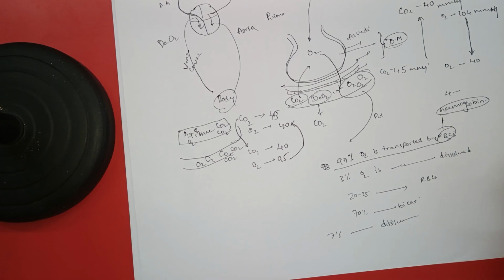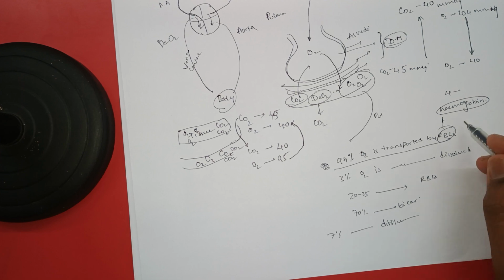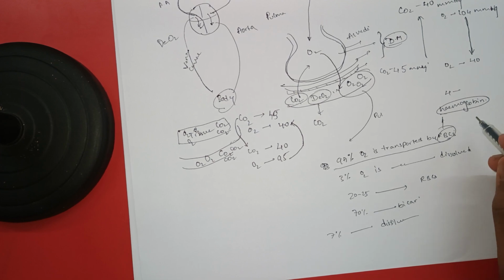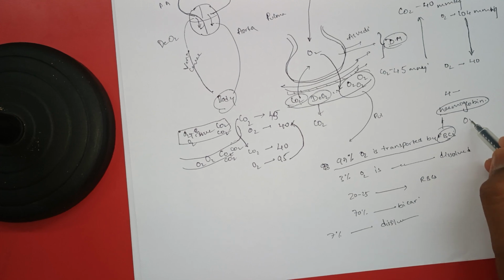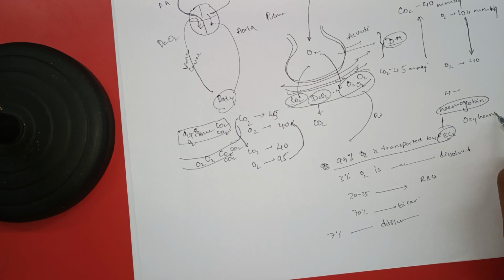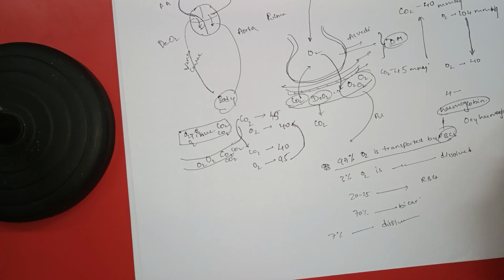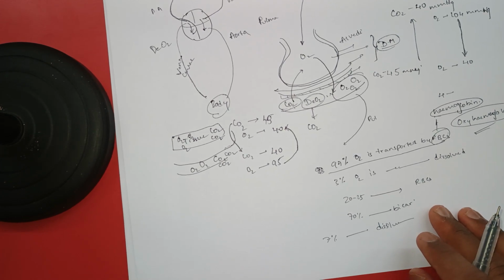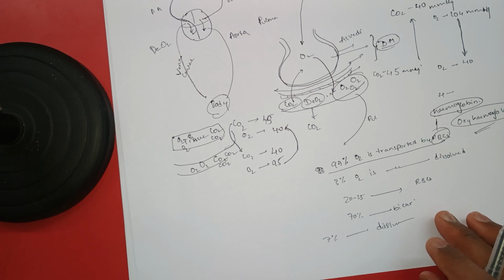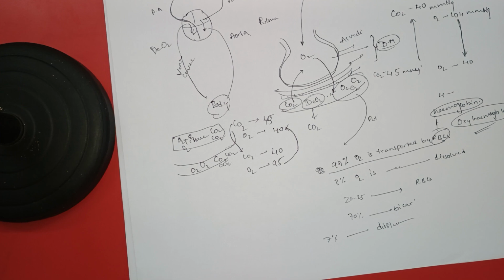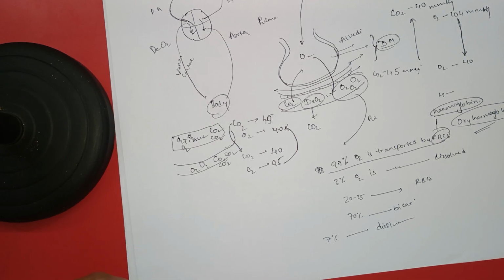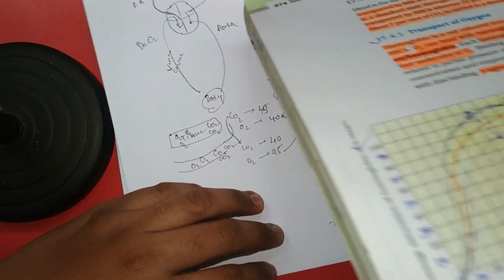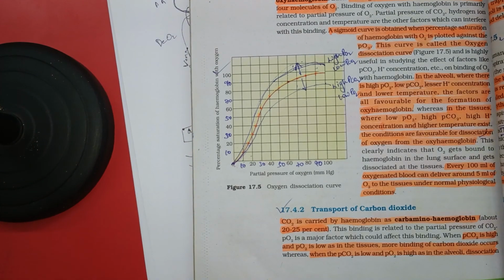These RBCs transport oxygen in the form of oxyhemoglobin, a complex formed between oxygen and hemoglobin. When you plot a curve between the partial pressure of oxygen and the percentage of oxygen carried by hemoglobin, that curve is called the dissociation curve.